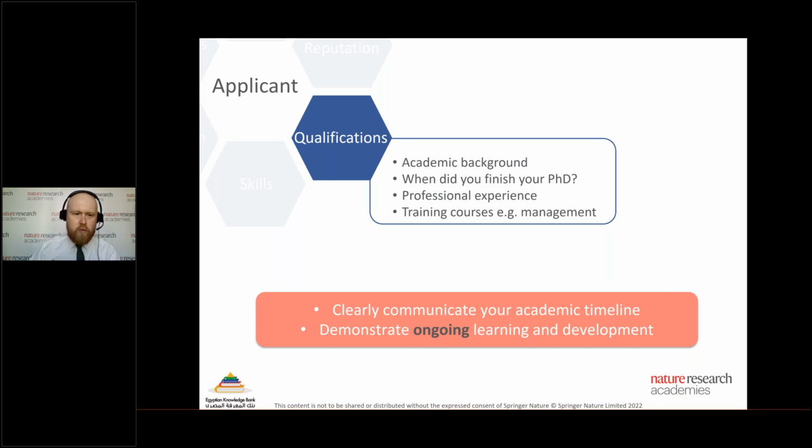So do think about all of the qualifications you have, not only your PhD, but beyond, okay? So within your application, it can be important to highlight your academic timeline, provide them with dates, but also highlight to them your ongoing learning and development, courses that you've taken recently to continue learning and developing, okay?